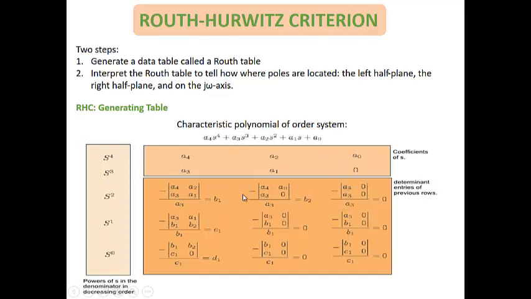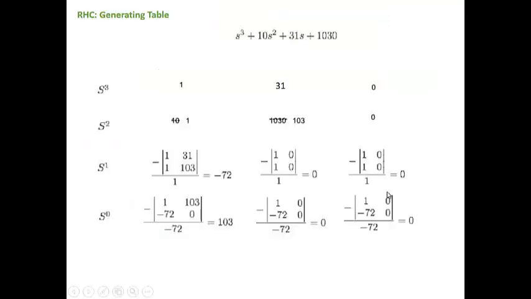Don't forget about the negative sign outside. Okay, so that is how you can get your Routh table term directly.